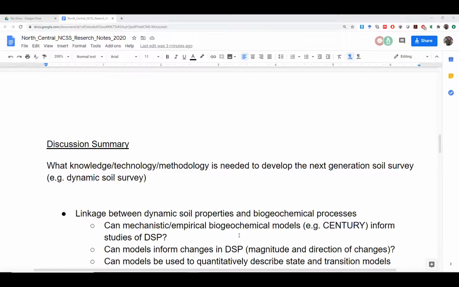So we started our discussion really thinking about what sort of research needs we have in pushing soil survey in that direction. And so I'm going to share with you a quick summary of some of those discussion points. But before I get too far into that, one of our goals is to make this a living document.